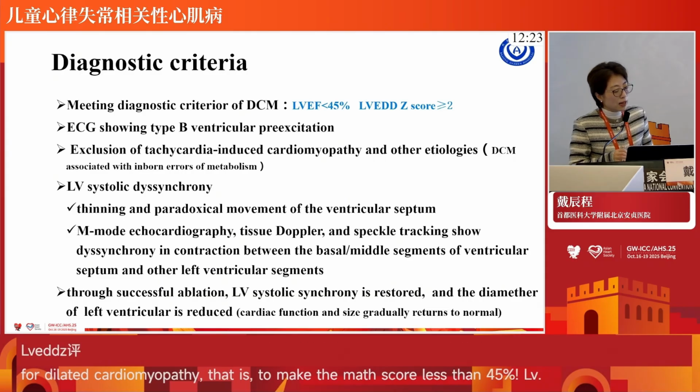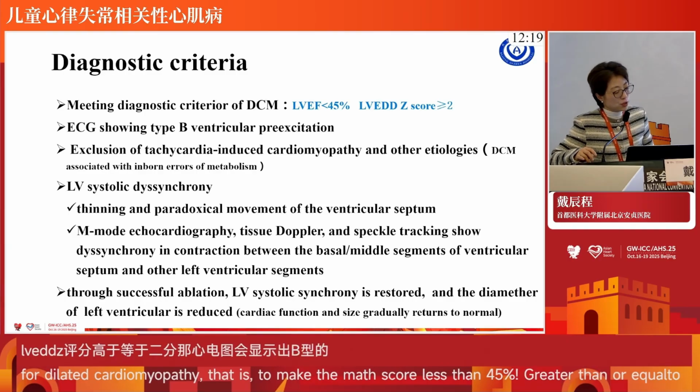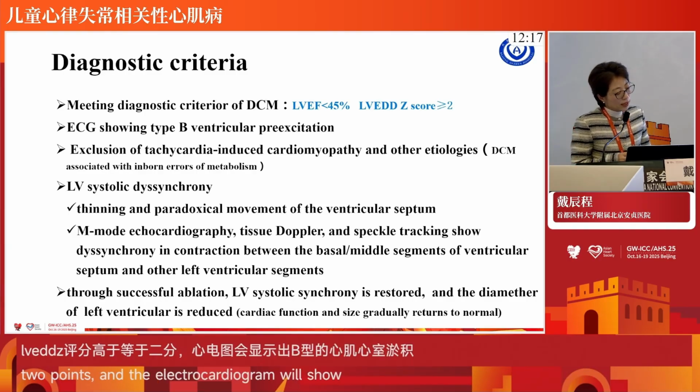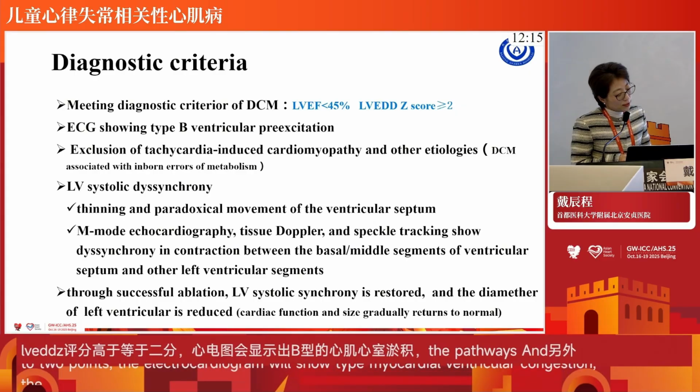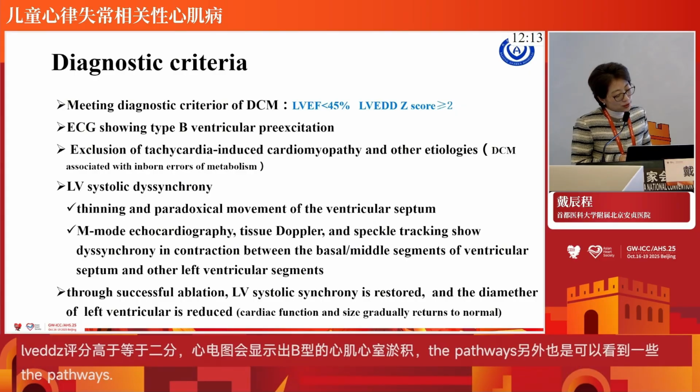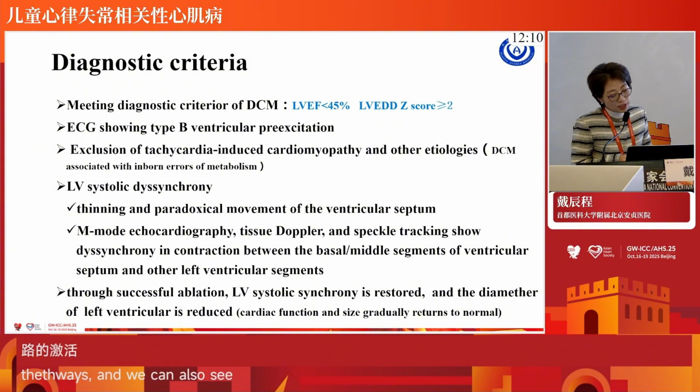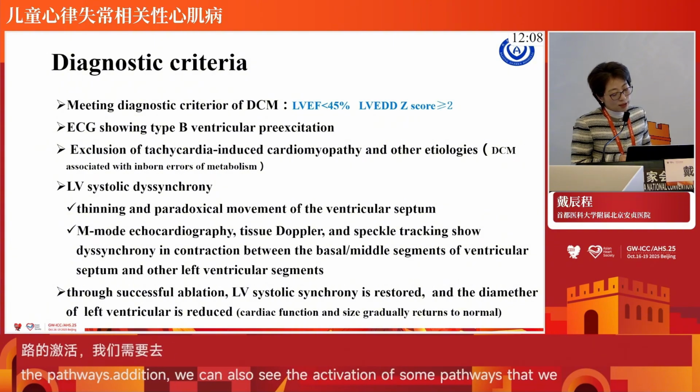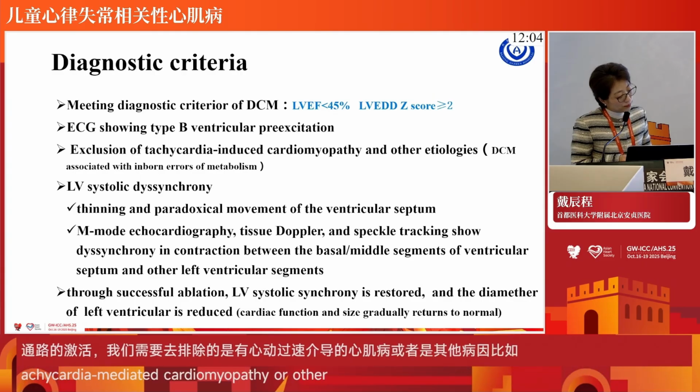All the patients have right-sided manifest accessory pathways. And we should exclude tachycardia-induced cardiomyopathy and other etiologies, such as cardiomyopathy associated with inborn errors of metabolism.